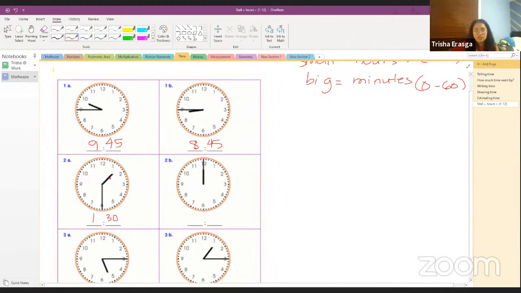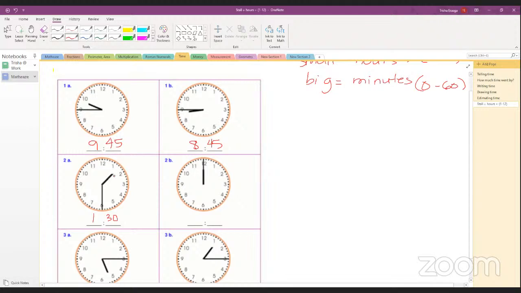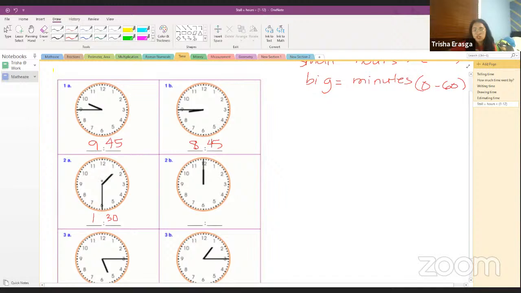So if it's not at 2, it's 1. Since it's not a 2, you go for the lower one. So one before that, so that's going to be a 1. And then you can do skip counting again. So this one's 0, 5, 10, 15, 20, 25, 30, exactly on the 6. So that's 1:30.